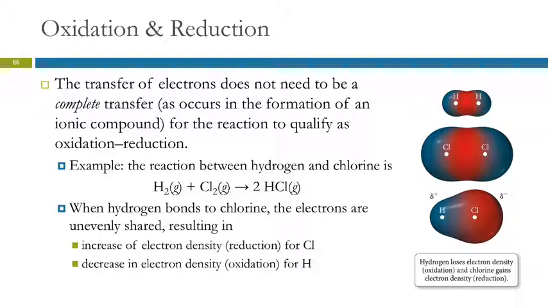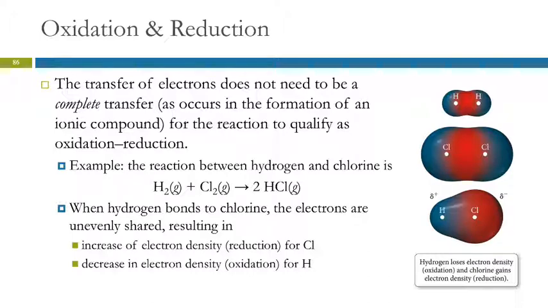If we look at a hydrogen molecule, the two hydrogen atoms are going to share the electrons between them evenly because each of the atoms is the same. Here, two chlorine atoms in a chlorine molecule are going to share equally. But when you make the molecule HCl, now you've got little hydrogen and big chlorine, and they're not necessarily going to share those electrons equally.